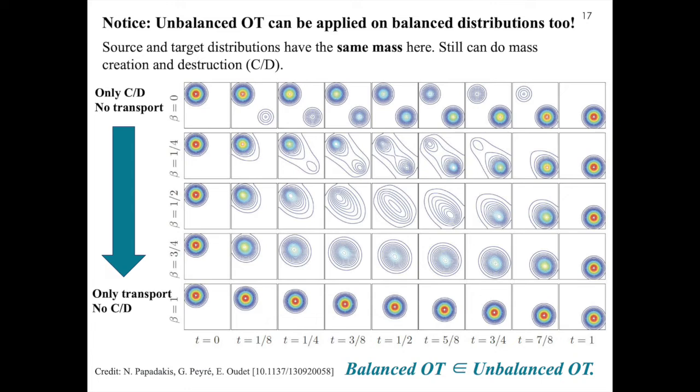And in the bottom line here, only mass transportation is allowed. There's no mass creation and destruction. So what you do is just move this circle downwards. So already here, you can glimpse a parameter that controls how much you are allowed to transport mass and how much you're allowed to create and destroy mass. It will be a critical parameter for unbalanced optimal transport, which I will discuss later.